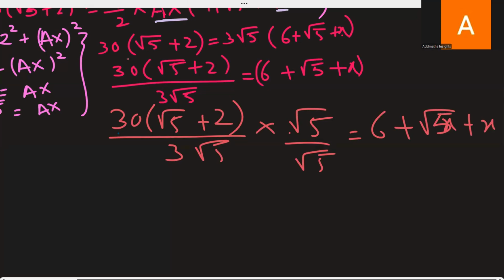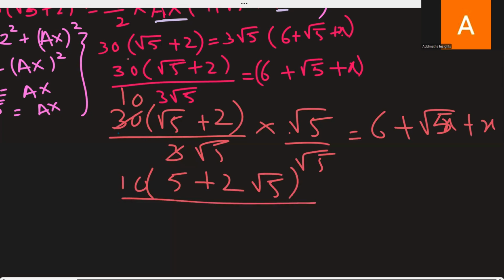So when you multiply, you can simplify 10. Under root 5 times under root 5 is 5 plus 2 under root 5. And also you can multiply these two, under root 5 squared, which is 5. And here we have 6 plus under root 5 plus x.